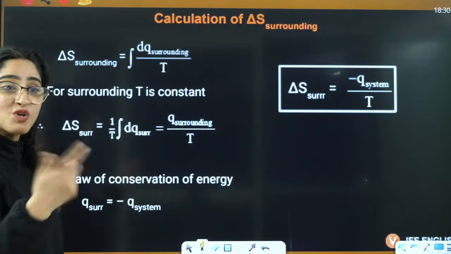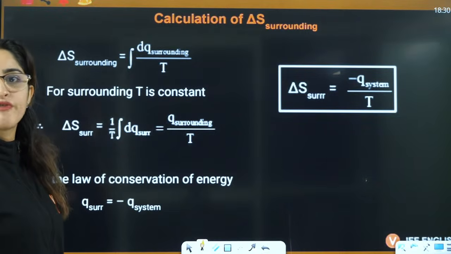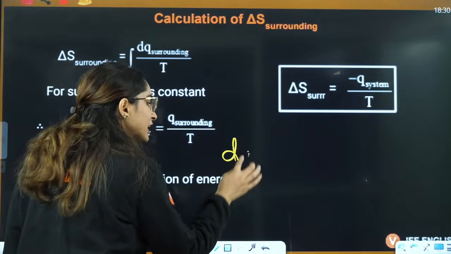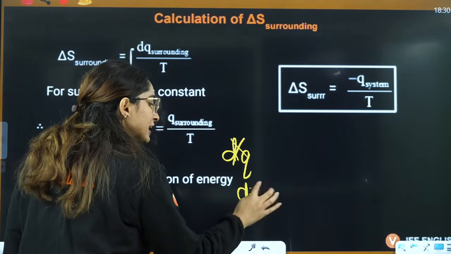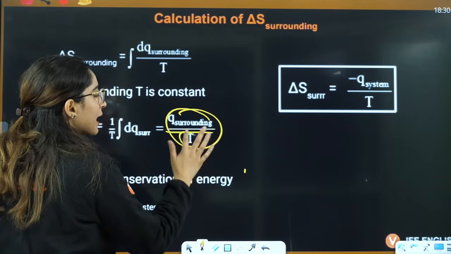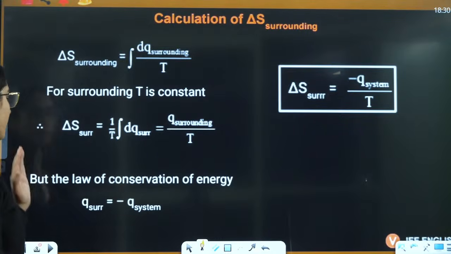No, dq is also the same. The heat you are exchanging with the ocean has no temperature effect there. So you will not write dq, you will not write dT, you will just write Q of surrounding by temperature. No change is there in the surrounding.